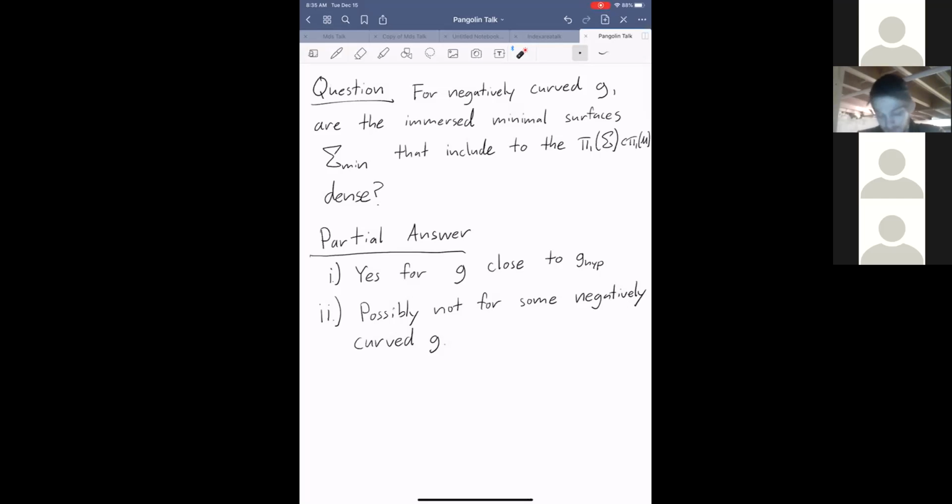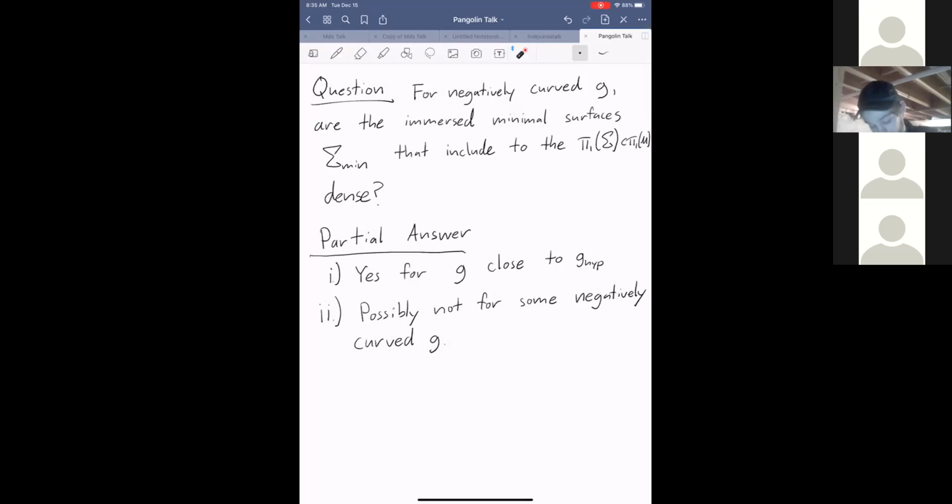So I was able to give a partial answer to this question. There's an affirmative answer if g is in some neighborhood of the hyperbolic metric, to which the theorem I'm going to state on the next page applies. So basically it's a reasonably sized neighborhood of the hyperbolic metric. I'll say more about that neighborhood in a second.